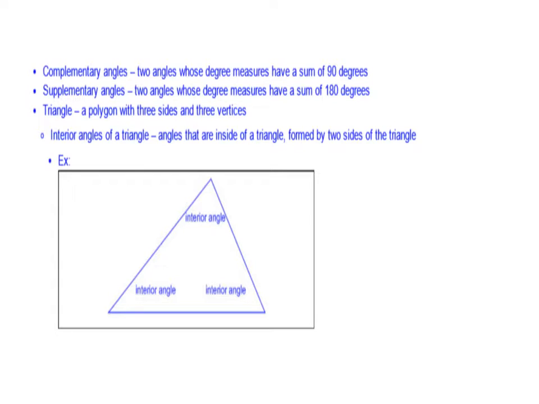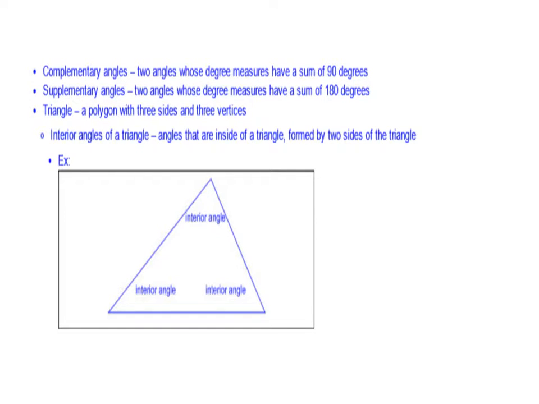We're talking about two angles whose degree measures have a sum of 90 degrees. So if we take this angle and this angle, or this angle and this angle, we say that these two angle measures have a sum of 90 degrees.